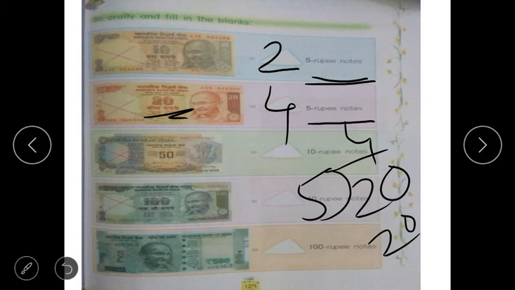How many 10 rupees notes make 50? Five 10 rupees notes will make 50, as 5 tens are 50.